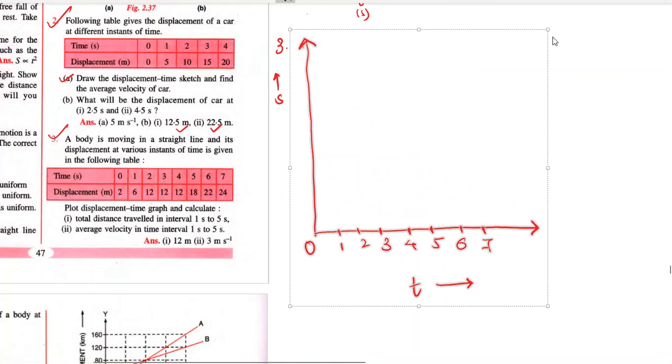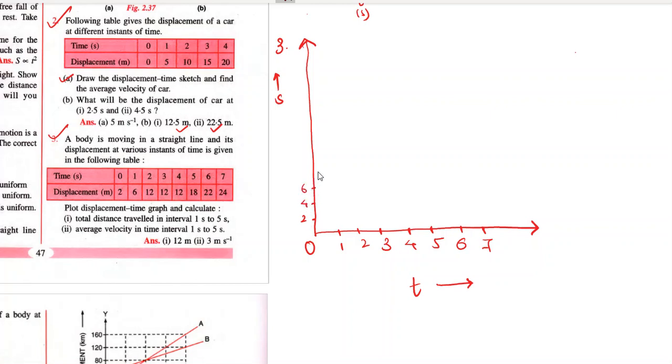Yeah, now it's okay. So 2, 4, 6, 8, 10, 12, 14, 16, 18, 20, 22, 24. Many students have problem in plotting the graph also. So, for them it is absolutely necessary to see the method with which I'm plotting it.